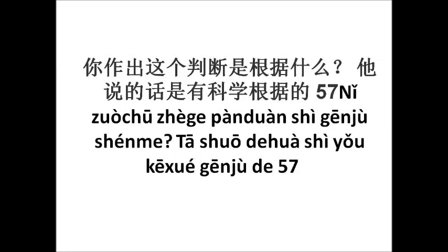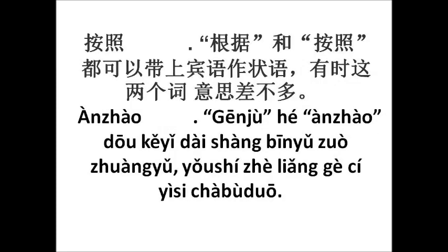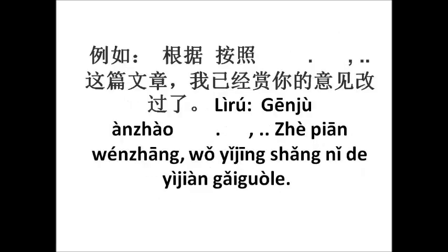Moving on to the second word, second synonym. 按照 is a preposition which does not have the two above uses that we just saw, which are as a verb and as a noun. Both 根据 and 按照 can take objects and serve as adverbial adjuncts. Sometimes they can have a similar meaning. For example, 这篇文章, this article, 我已经根据/按照你的意见改过了.